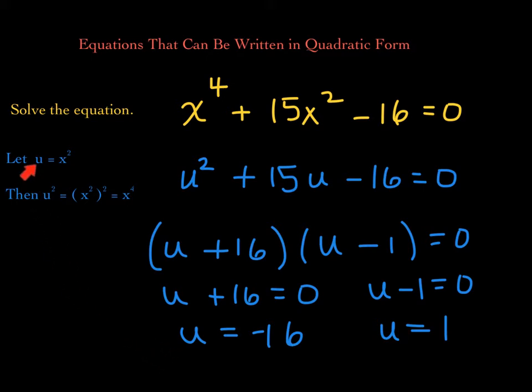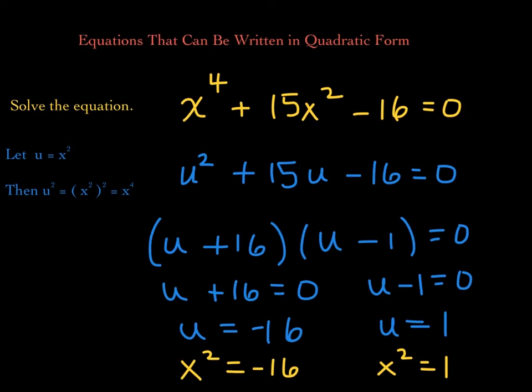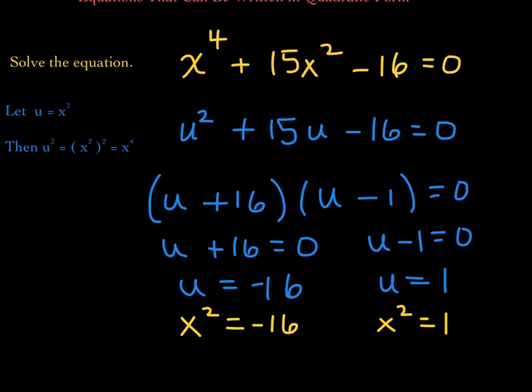U represents x squared. So where you see u is equal to negative 16, it's really x squared is equal to negative 16. Where you see u is equal to 1, it's really x squared is equal to 1. This is called back substitution, or reversing the substitution. You have to undo what you've done and solve for the original variable.